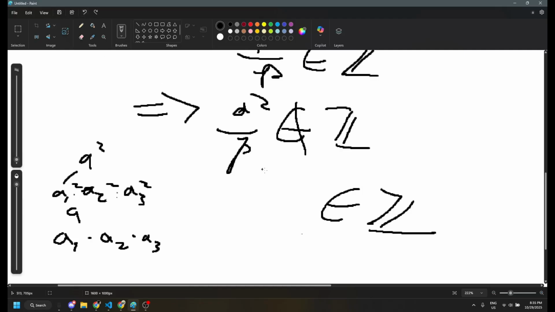Let's find a real number example. If P, let's say, is 3. Well, P can equal one of these, of course, because they're square numbers. But let's say P is equal to 3, and this is equal to 36.